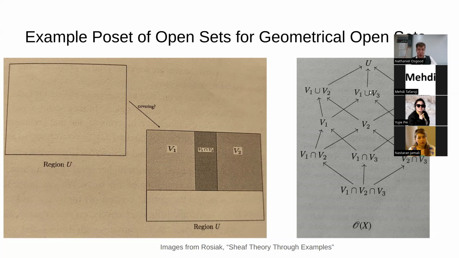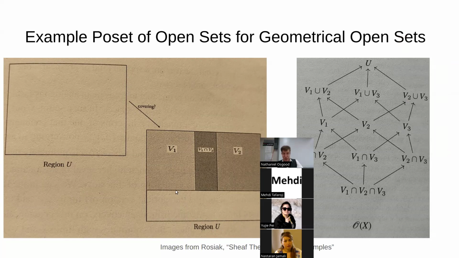And you'll notice that the structure of this mirrors the structure here, bearing in mind that V3 is another portion down here that is in the lower part of it. And note that, and this is an important point I maybe haven't been emphasizing quite enough, we're talking about characterizing this with respect to a covering of a region, right? So we have this region U overall, and we're not just dealing with the topology more generally.